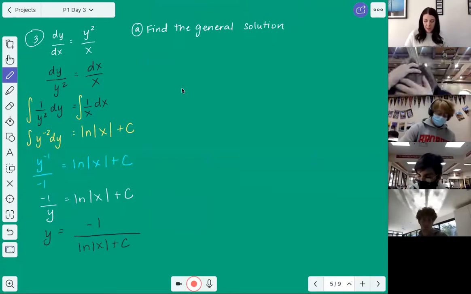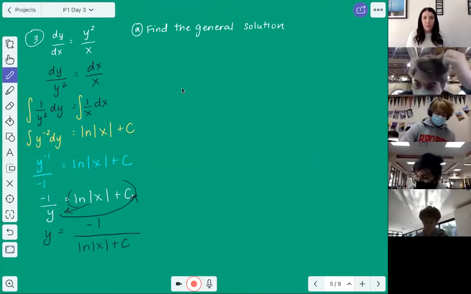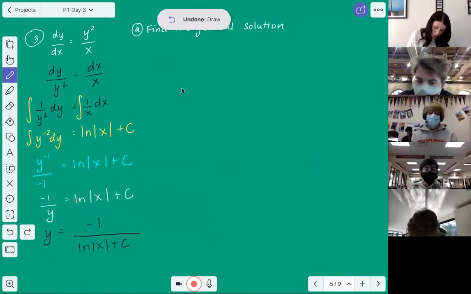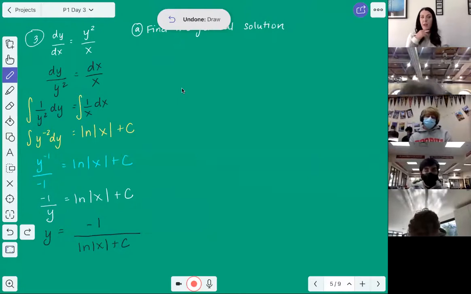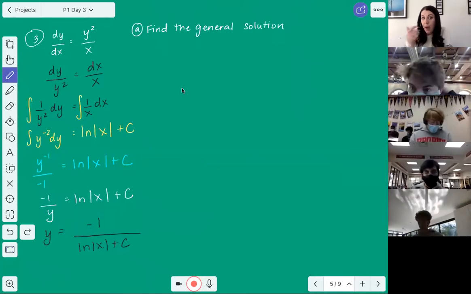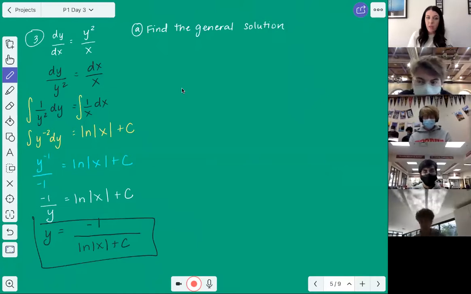So essentially what I did was I multiplied this guy up and I then divided this guy over. Okay, so I get y equals -1 over the ln of the absolute value of x plus c, all of that stuff in the denominator. Okay, that would be my general solution. So we'd be done with this part of the problem. Y equals -1 over ln of the absolute value of x plus c.